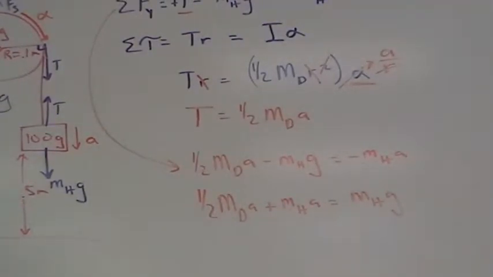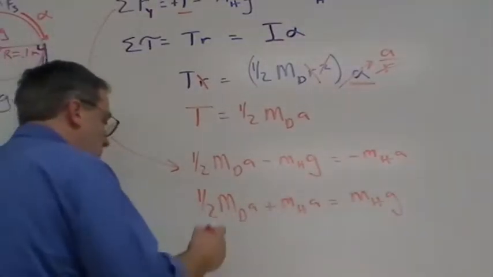Now, we're not really supposed to be solving for A, but A is going to help us find a lot of this other stuff. And if I was solving for A, I could factor A out.